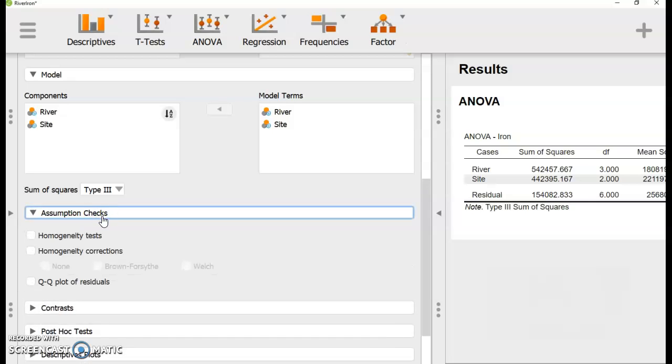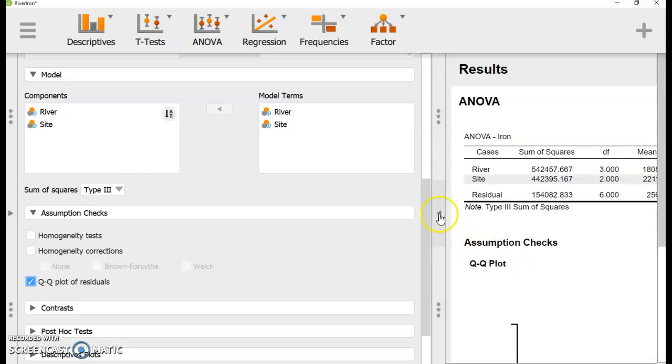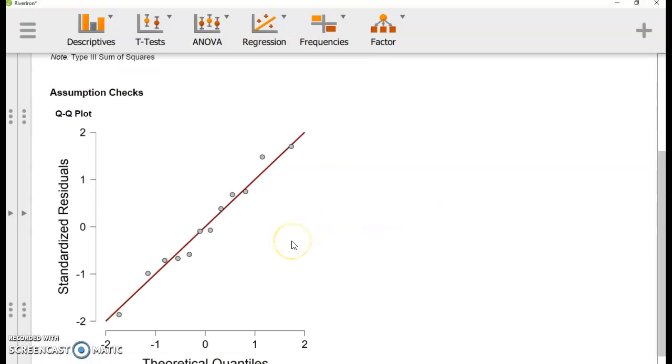If we go to assumption check, QQ plot of the residuals, this is where we're looking for these residuals to pretty much line up on the straight line. And this looks great. I mean, we're meeting this assumption fine.